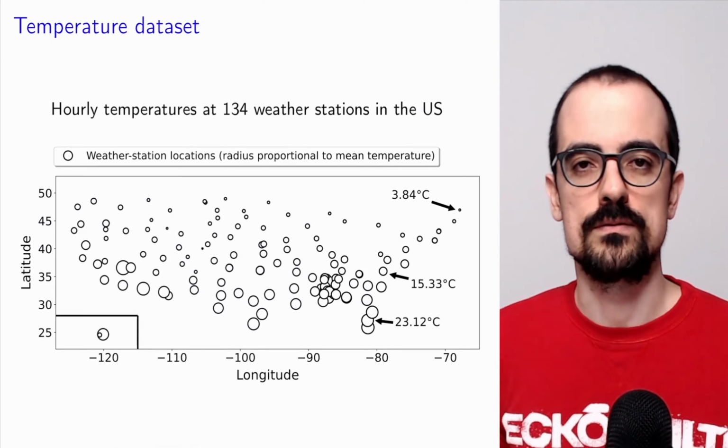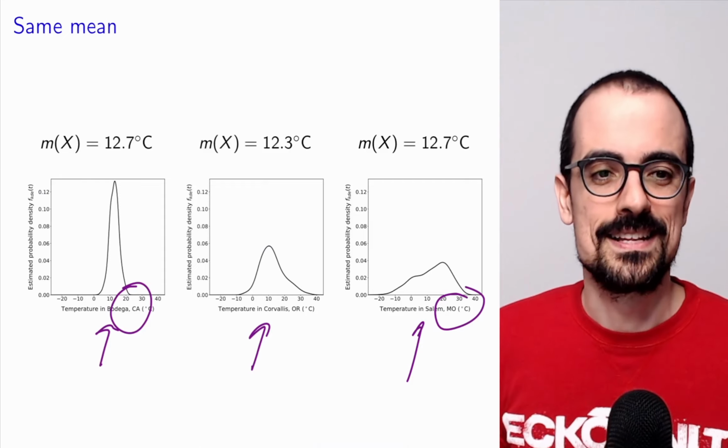It turns out that these 3 weather stations have exactly the same mean, but when you look at their distribution of temperatures, they're very different. It immediately jumps out that there's much more variation in this station in Missouri than in this station in California. So it is often very useful to be able to capture such variations, and that's why we define the variance.